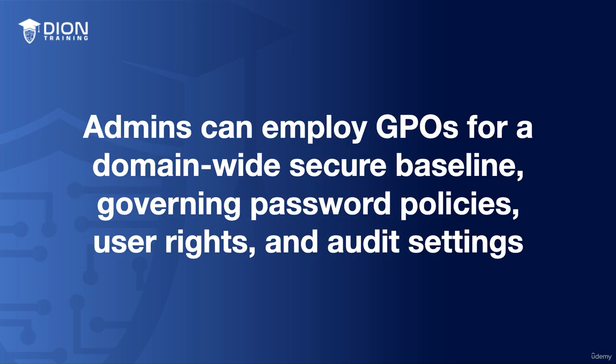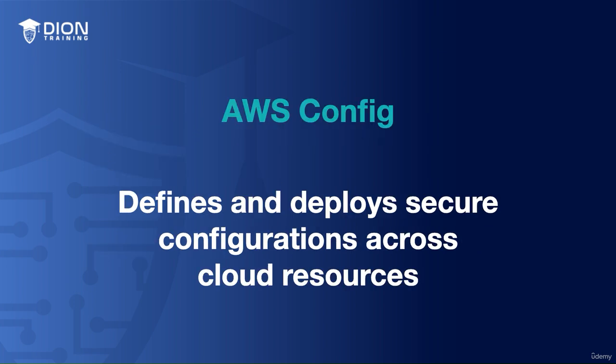For example, in a Windows domain environment, administrators can use group policy objects known as GPOs to apply a secure baseline that dictates different policies, like password policies, user rights assignments, and audit settings across all the computers in a given domain. Similarly, if you're working in a cloud-based environment like AWS, organizations can utilize services like AWS Config to define and deploy secure configurations across all of their cloud-based resources.